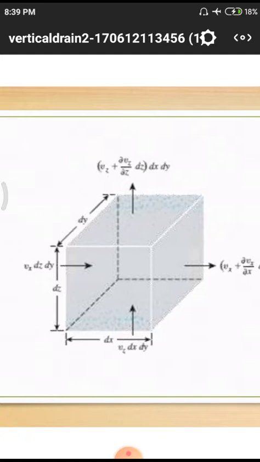On the other hand, particles are moving in the direction of z, so we have the velocity with respect to z, vz plus dou vz by dou z into dx into dy. These are the two kinds of stresses. Normally initially we give the embankment load, so the total load acts downward, and we have upward movement of water.